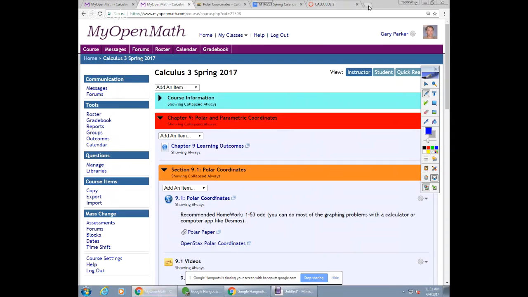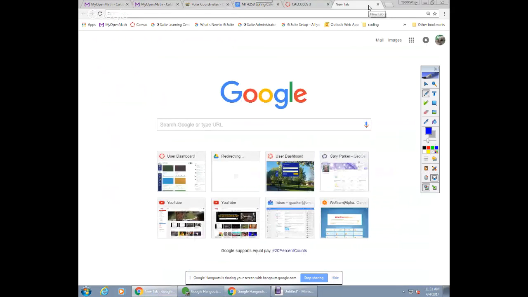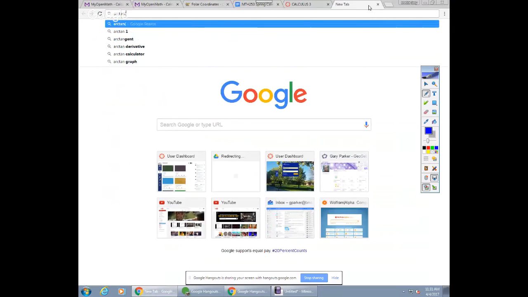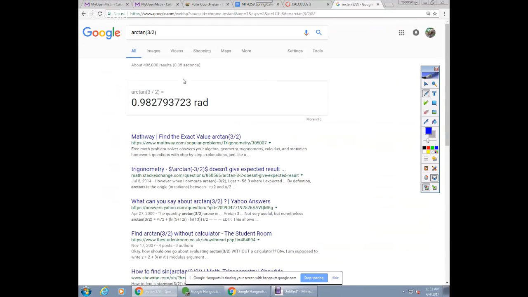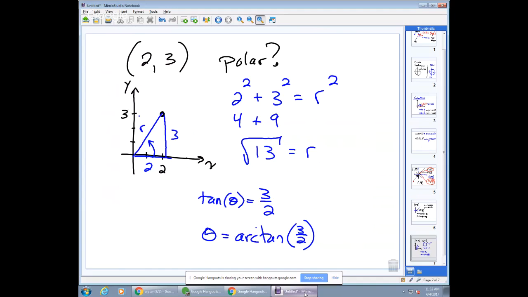I'm going to use Google for now. Most computers give radian answers. Google says that's about 0.983 radians. Usually we don't write units if it's radians, but I'm just going to put it for now.